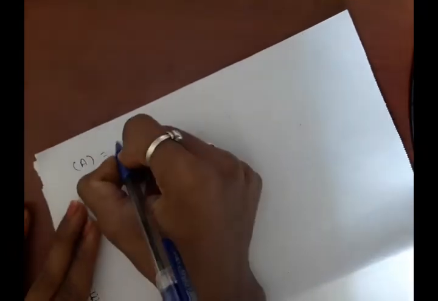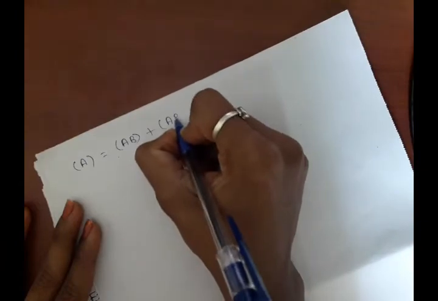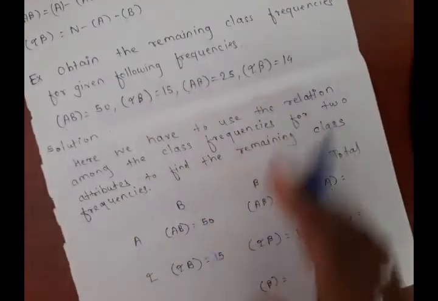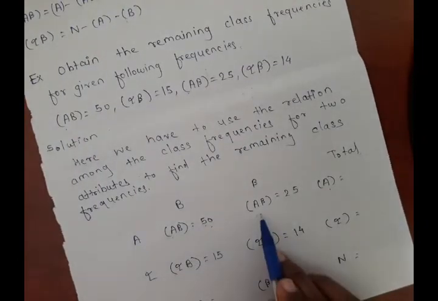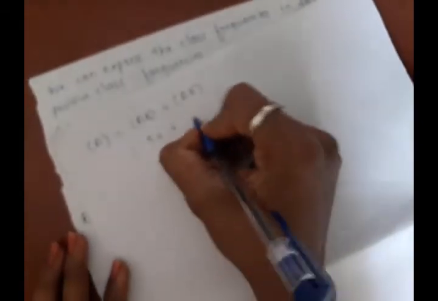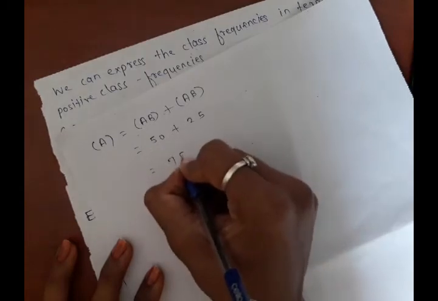We know that (A) is equal to (AB) plus (Aβ). The value of (AB) is 50 and (Aβ) is 25, so 50 plus 25 is equal to 75.